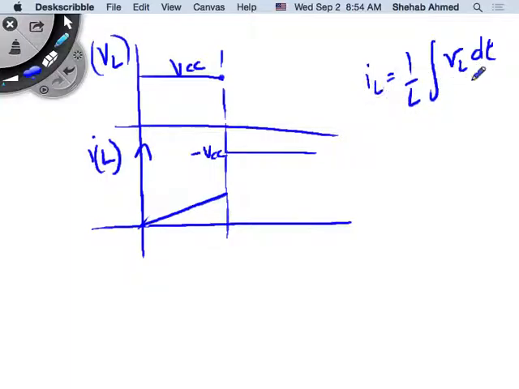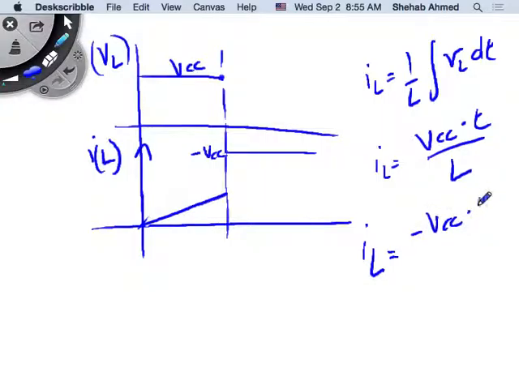When I had positive VCC, the current was equal to VCC times T over L. How about if I put a negative VCC? The current is equal to negative VCC times T over L, plus initial conditions.